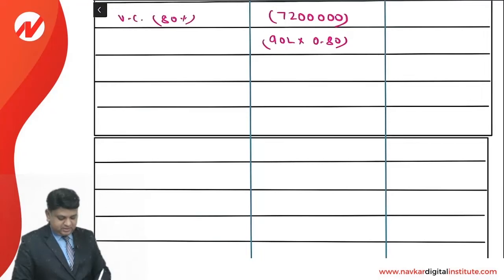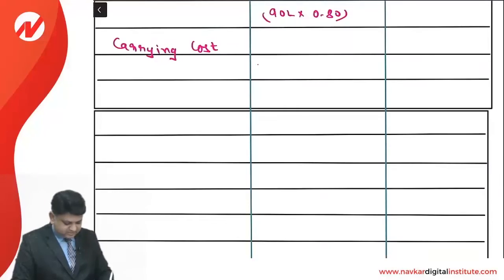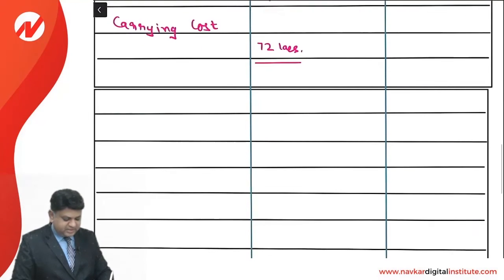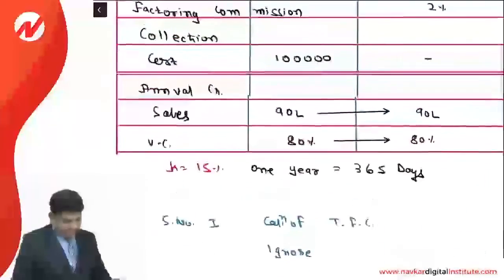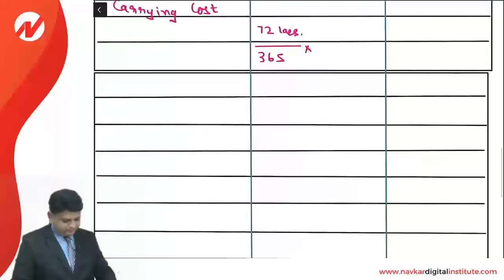Then we will deduct, that is we'll compute the carrying cost. As far as the carrying cost is concerned, it is 72 lakhs divided by 365 days, which they have clearly specified to take. Multiplying with the collection period, which is right now 80 days, into cost of capital 15%.